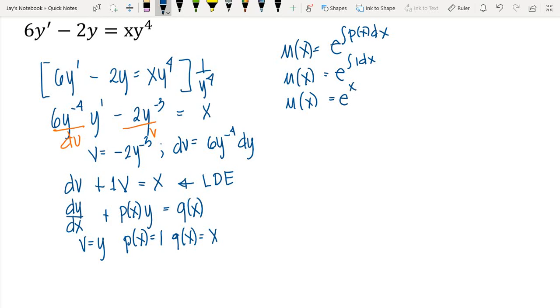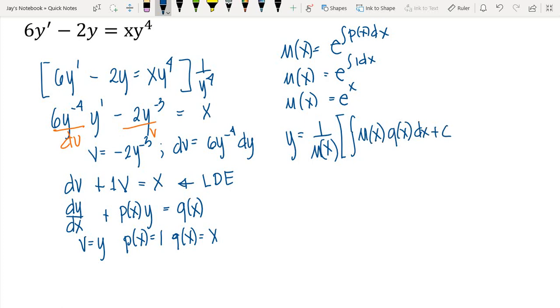So therefore, now we can use mu(x) in computing our general solution. The general solution of a linear equation is y is equal to 1 over mu(x), then bracket, the integration of mu(x) Q(x) dx plus c.